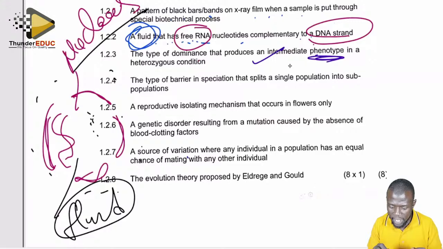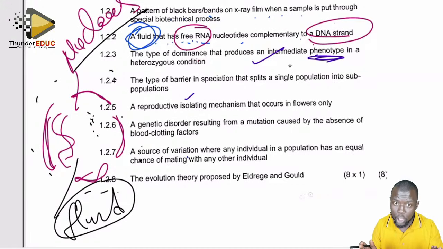Then we say that the type of barrier in speciation that splits a single population into subpopulations, we call it the geographical barrier. Remember, you have to apply this when it comes to explanation of speciation.